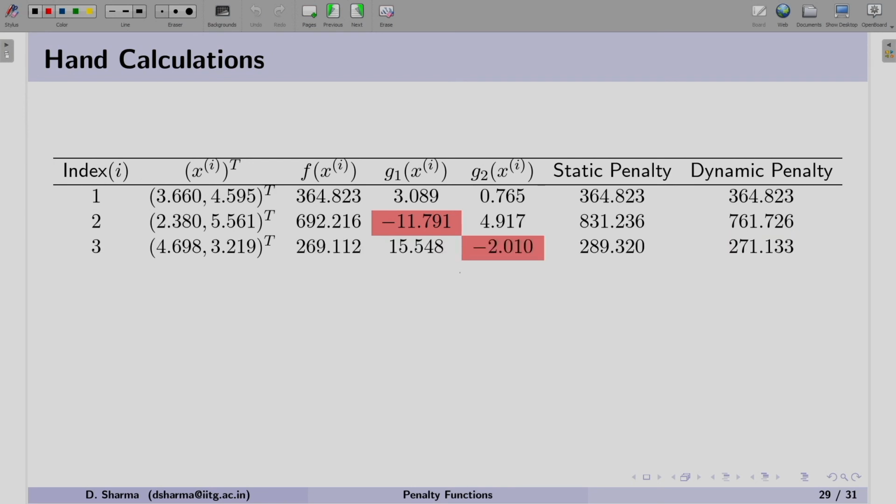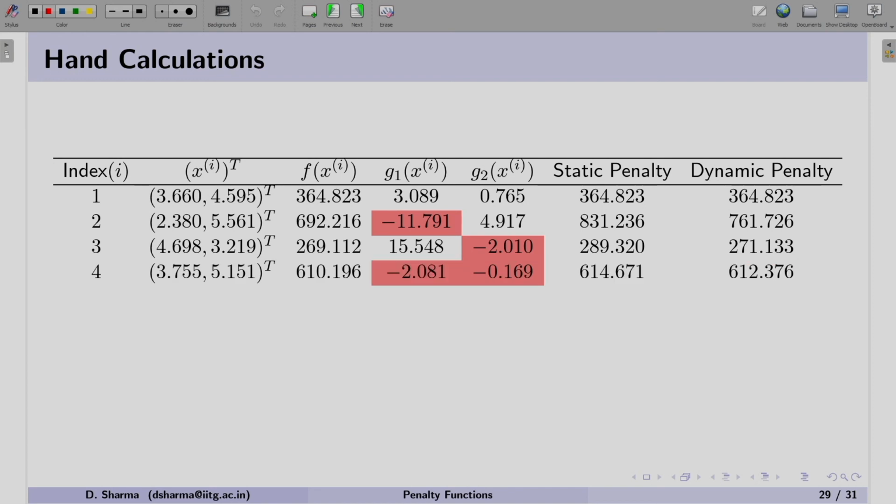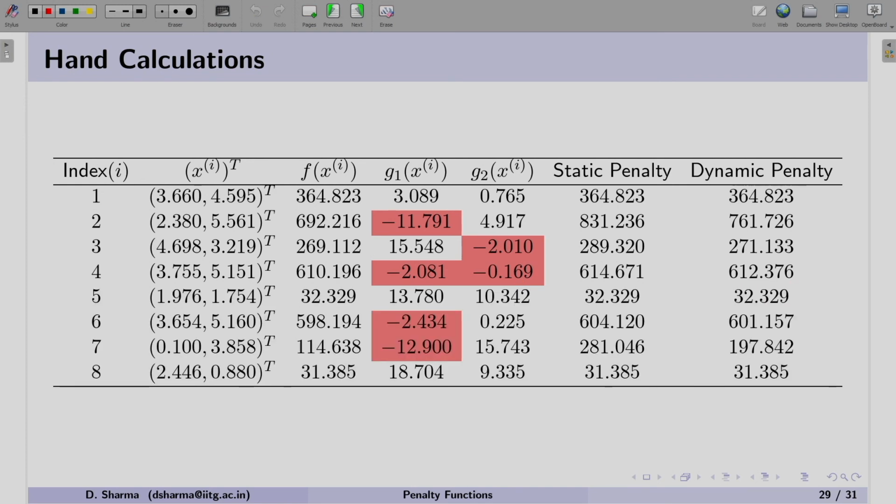In the third case, G2 was infeasible, so that constraint violation was added and we get the static penalty and dynamic penalty function values. In case 4, both G1 and G2 were infeasible and accordingly we get our solution here. So, basically this is the fitness of a solution using the static penalty and dynamic penalty function methods.